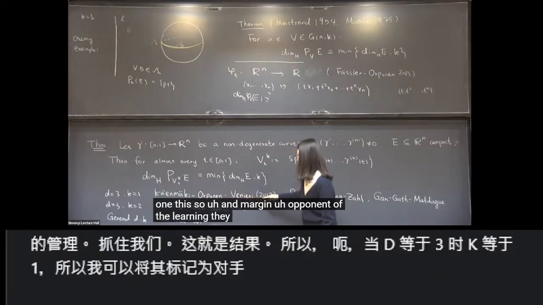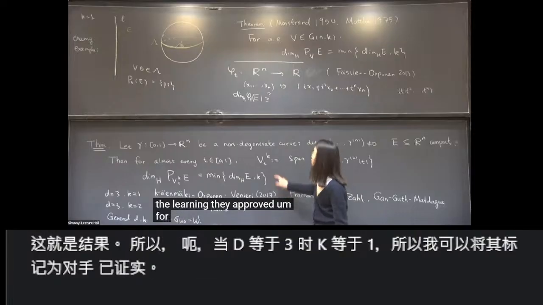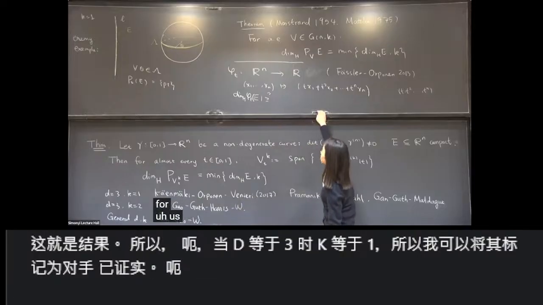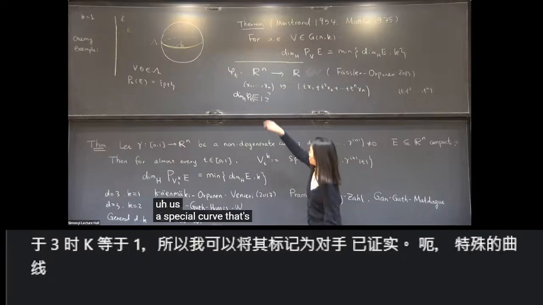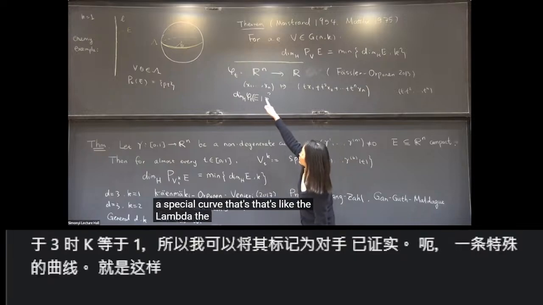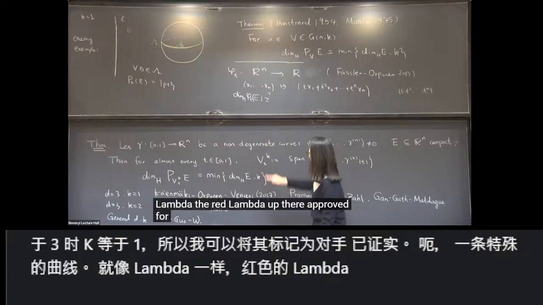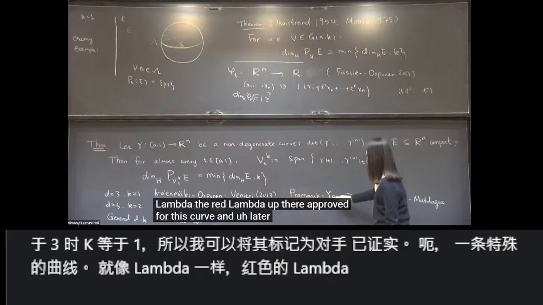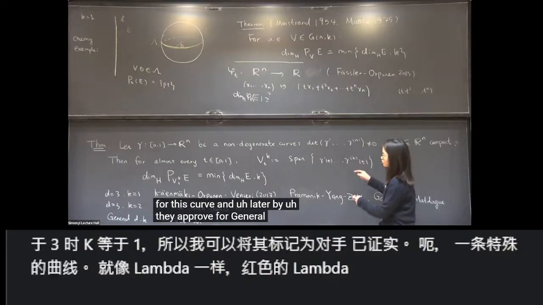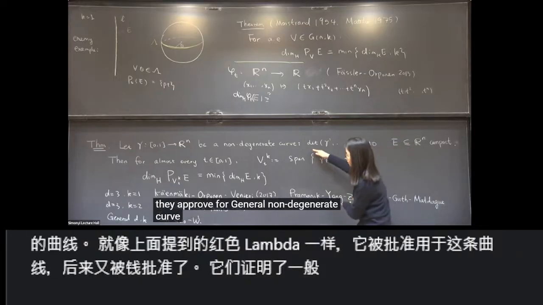and they proved it for a special curve, the red lambda up there. They proved it for this curve, and later Pramanik, Yang and Zahl proved it for a general non-degenerate curve.